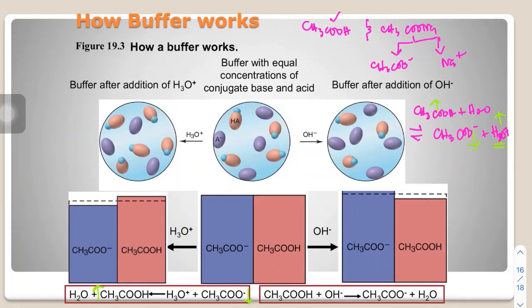So the equation will be acid reacts with the hydroxide ion, then it will produce acetate ion plus H2O. Acetic acid's concentration will decrease to react with the addition of the hydroxide. Concentration of the acetate will increase. So this is our acid and this is the salt's concentration.